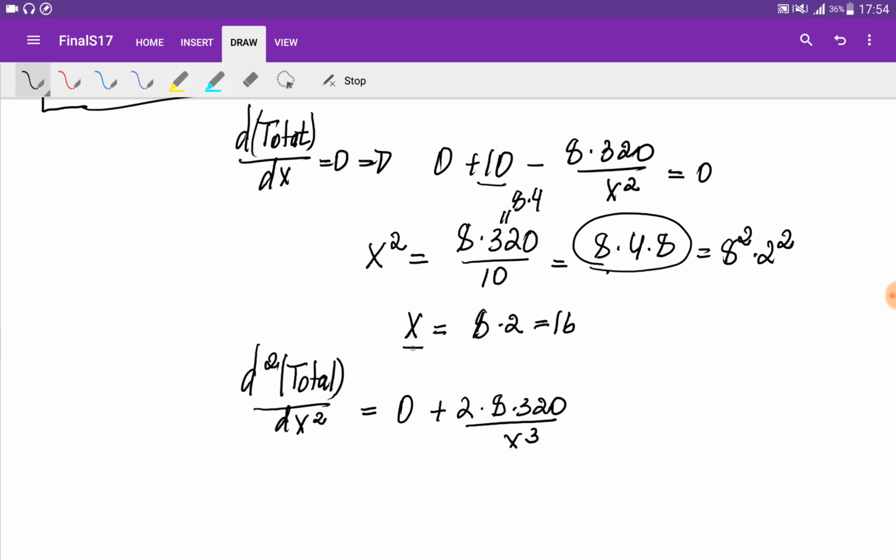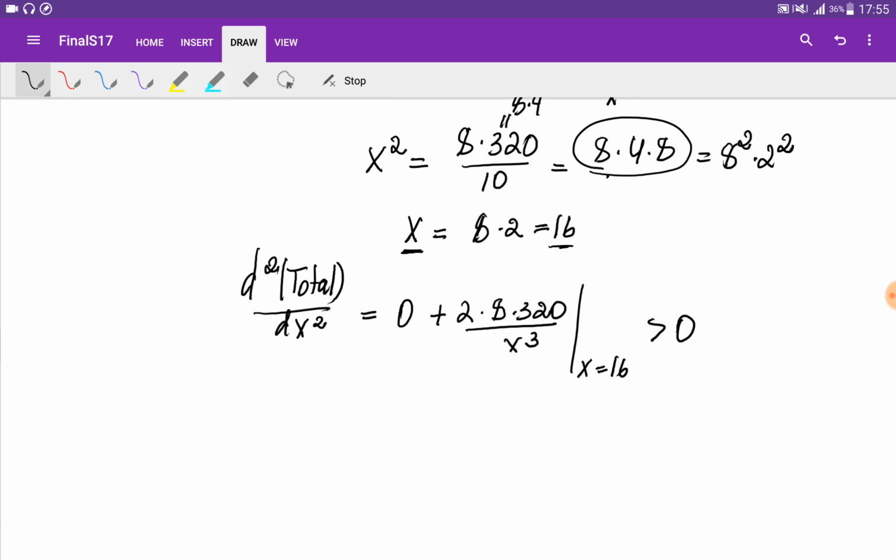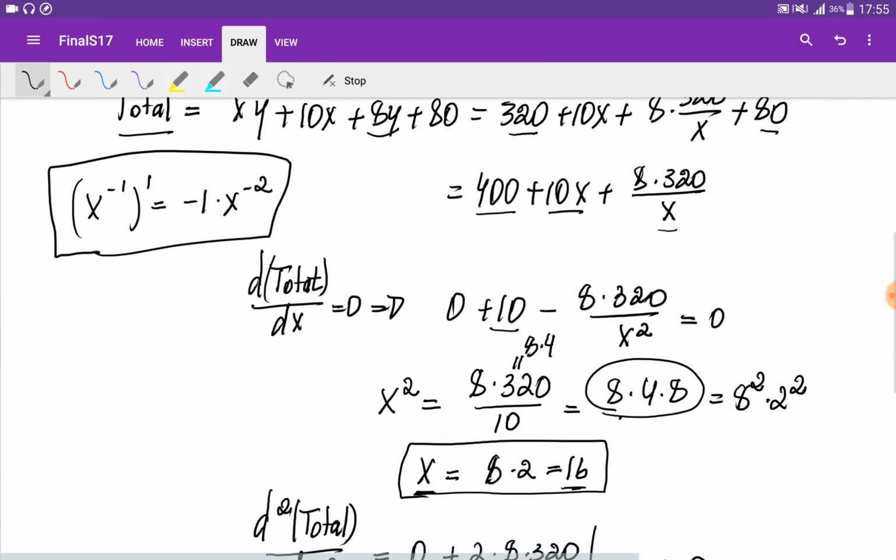For the value of x of 16, if I substitute x equal to 16, the second derivative is going to be positive. If the second derivative is positive, then the function reaches its minimum at this point, because the function is going to look upward. So at x equal to 16, the total area becomes minimum.